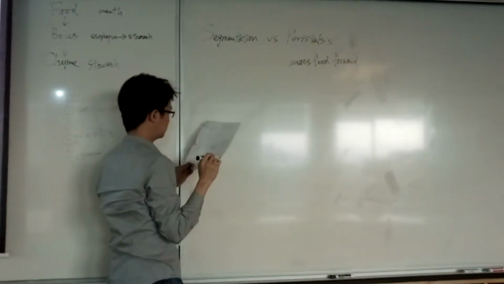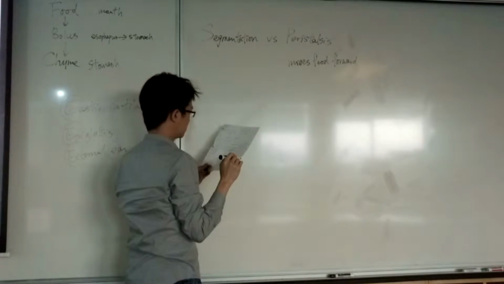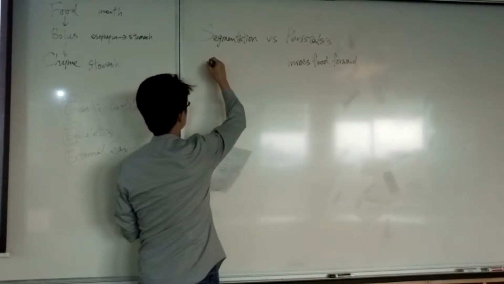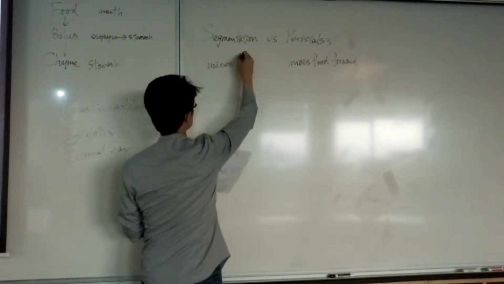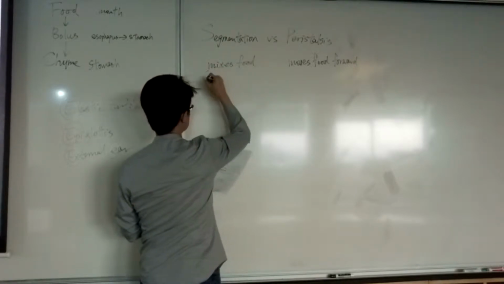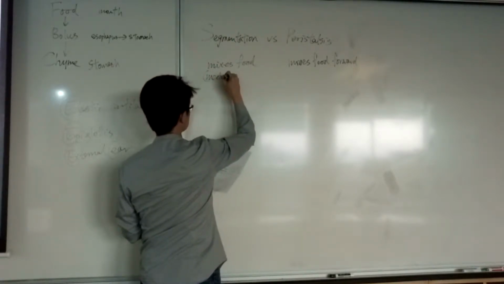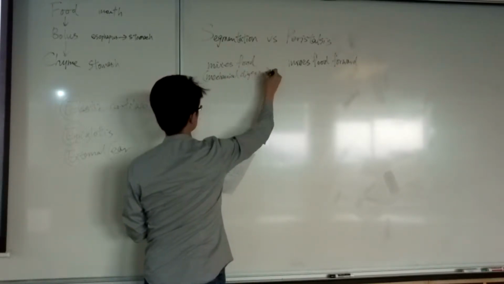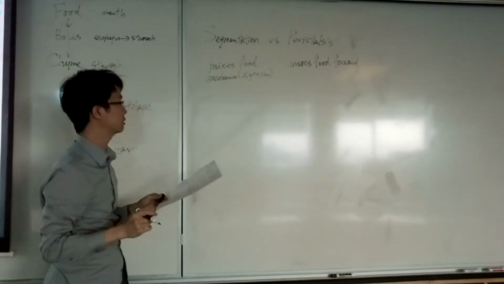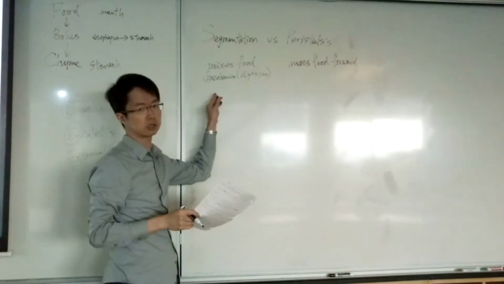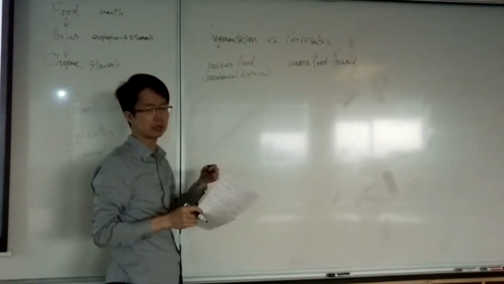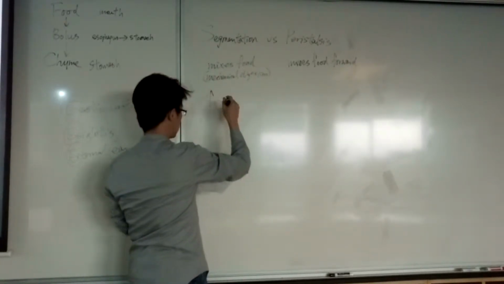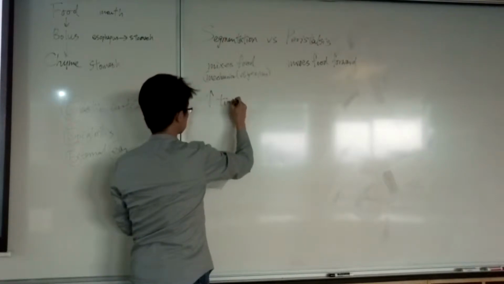Segmentation is to, you can call it, mix food, but this is mechanical digestion. It mixes food for mechanical digestion, to increase the surface area of the food so that the enzyme can work on it. And then another important function is to increase the time for absorption.